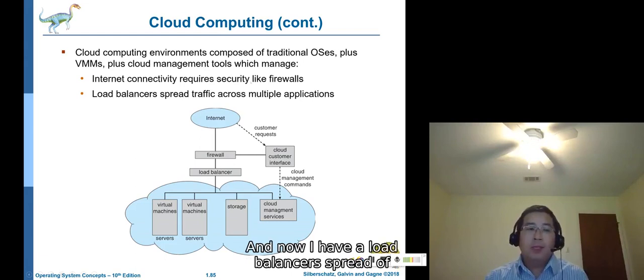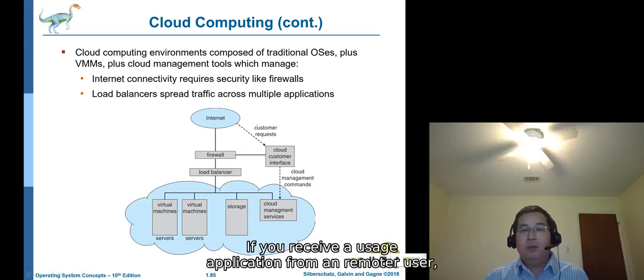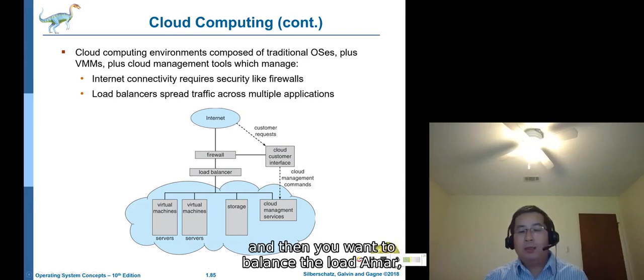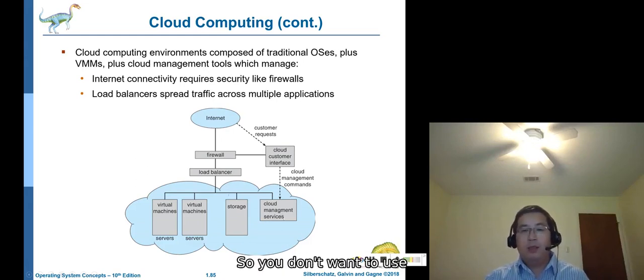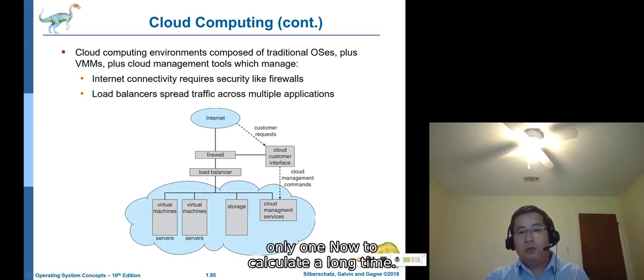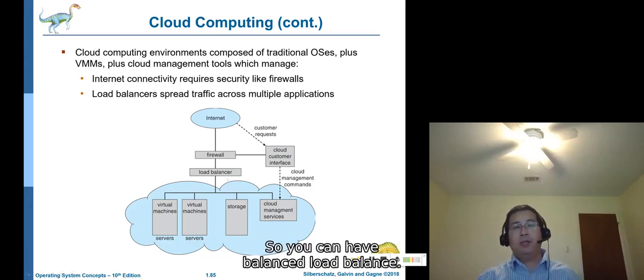And we'll have load balancers that spread traffic across multiple applications. If you receive a usage request from a remote user, you want to balance the load among a lot of nodes. You don't want to use only one node to calculate for a long time. So you need to have load balancing.